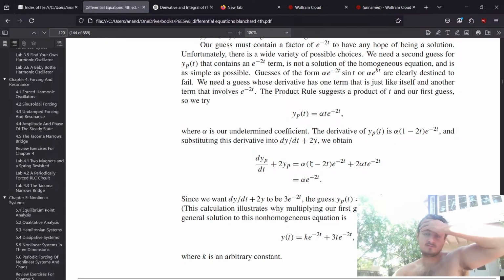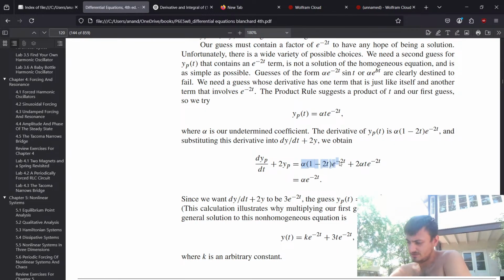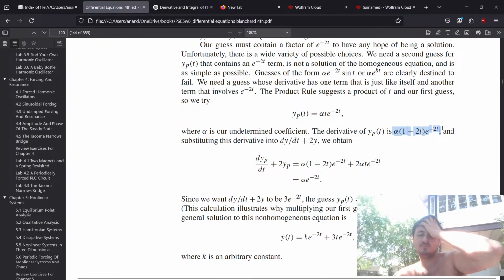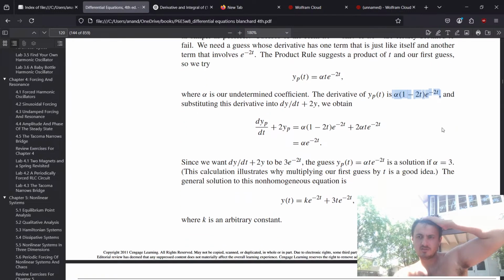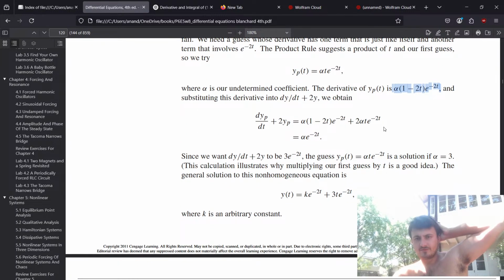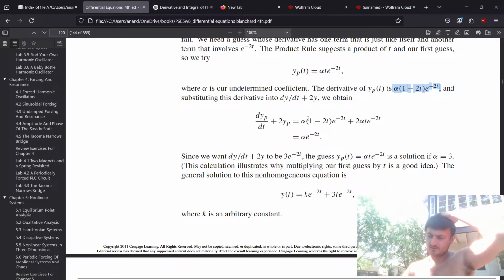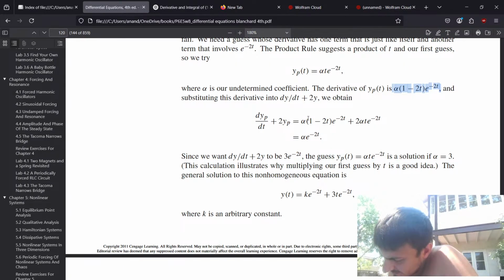Okay, I got that. I got this. A times (1 minus 2t) e to the minus 2t. Substituting the derivative we obtain... Okay, so we're going to get a(-2 plus...) e to the minus 2t times (1 minus 2t).